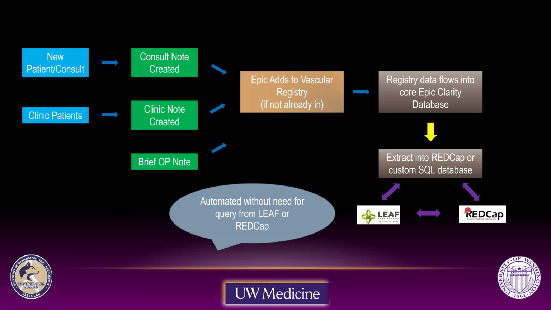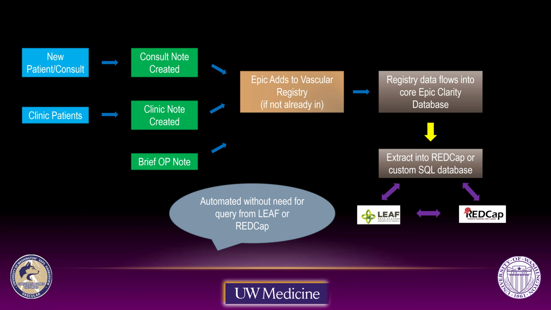So basically, this is sort of the general workflow. Any patient that we see, either a new patient, consult patient, or clinic patient, we create a clinic note as well as a brief op note. Everything is dumped into the vascular registry that was created, kind of like behind the scenes in Epic.